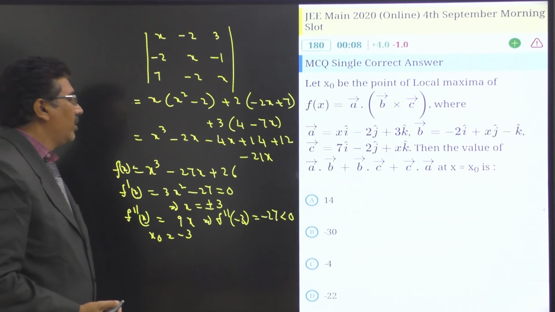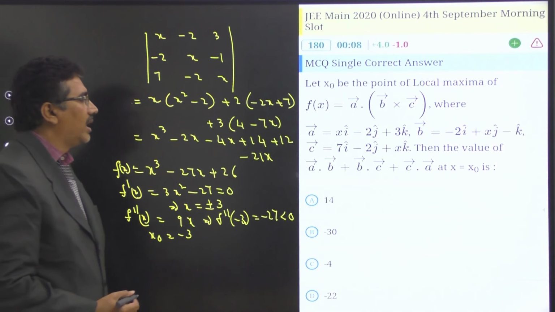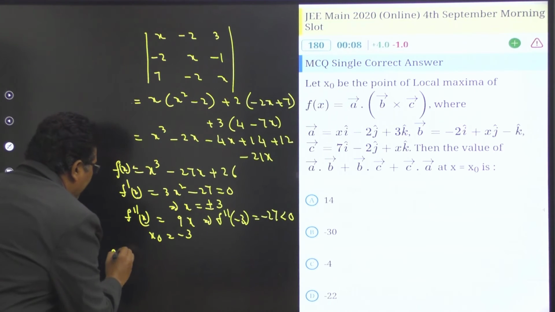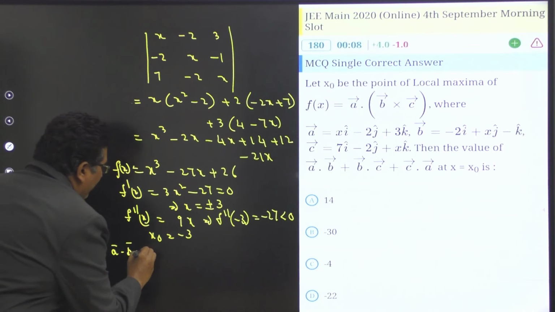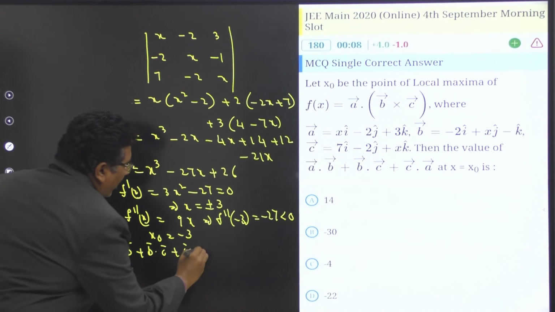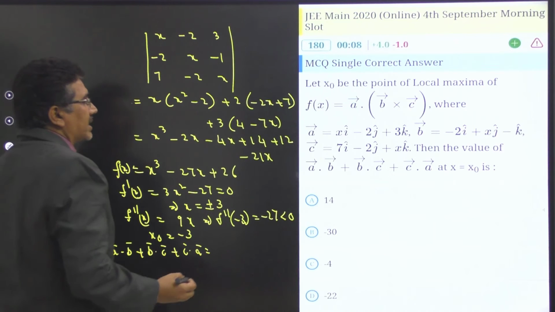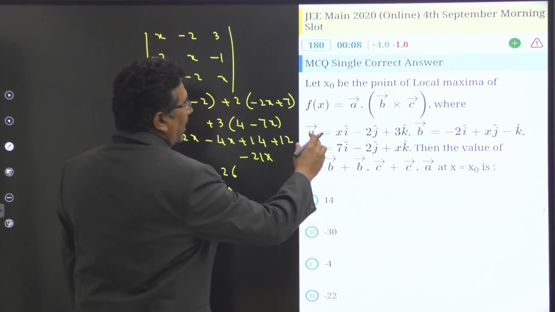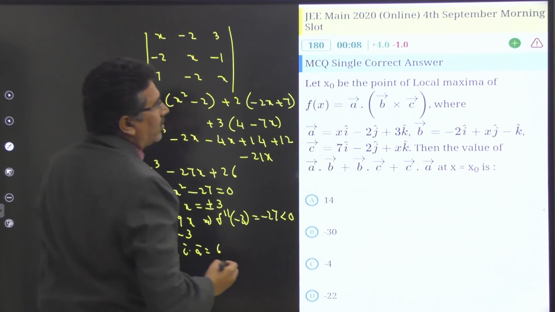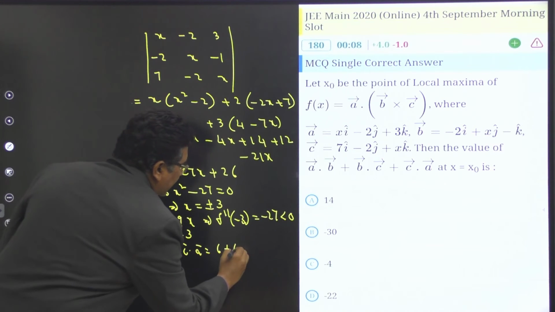Right, now we want to calculate a bar dot b bar plus b bar dot c bar plus c bar dot a bar. With x naught equal to minus 3, a bar dot b bar is minus 3 into minus 1 minus 3, plus minus 2 into minus 3 plus 6 plus 6.